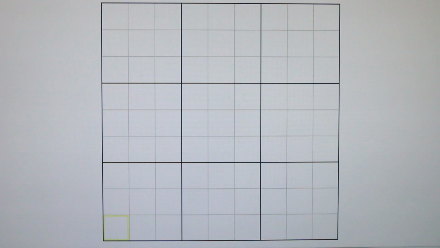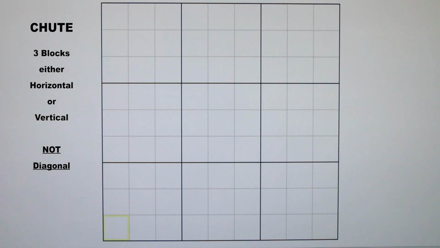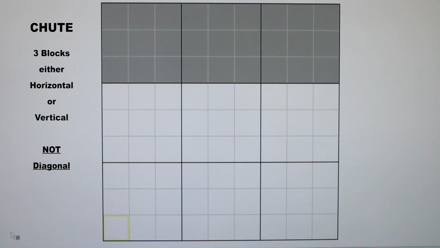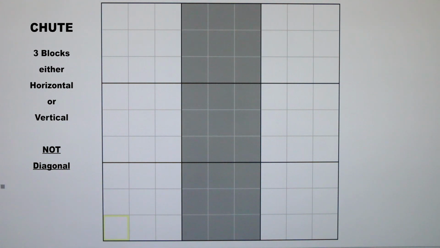There is one more subdivision to describe, and that is a chute, spelled C-H-U-T-E, like a laundry chute. A chute is 3 blocks in a row, either horizontal or vertical. This is a chute, and this is another chute. Some people call these things bands, but we will call them chutes.